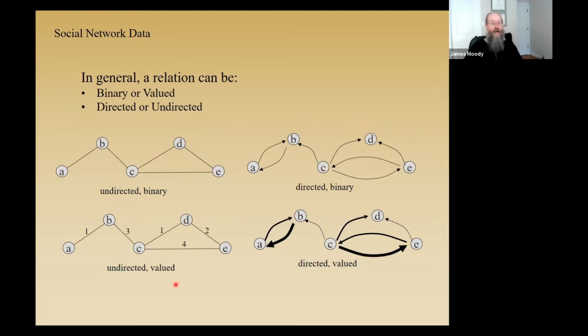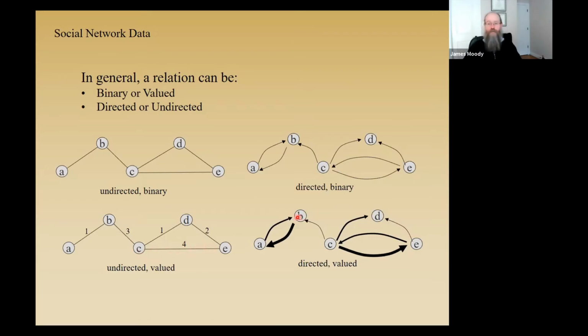Relations can also be valued. Instead of being in the same room as the other person, it might be that person C has been in a room with person D once, and in a room with person E 4 times. Because the relation of having been in a room with is necessarily symmetrical, if I've been in a room with you 4 times, you've necessarily been in a room with me 4 times, so there's no direction.